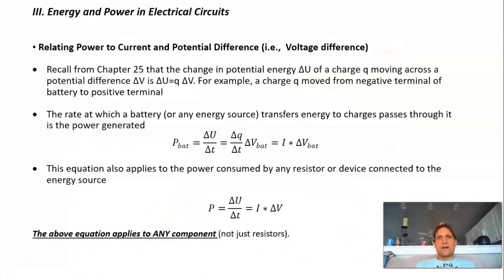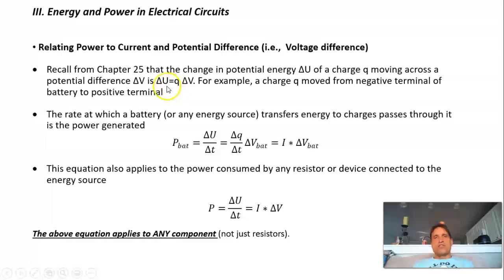The next topic I want to get into is relating current and potential difference to energy and power in the circuit. So back in chapter 25, recall that if you have a charge Q and the charge moves across a potential difference, delta V, it will gain or lose potential energy, right, depending on the sign of delta V and the sign of Q, right?